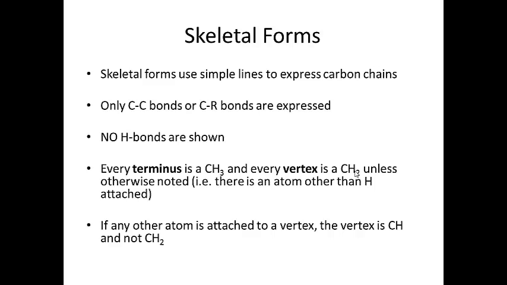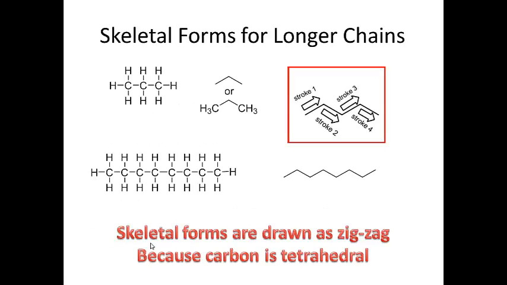And if any other atom is attached to a vertex, then that vertex becomes a CH because I have to take an H off in order to put another atom on, right? Think about it this way: if I don't remove an H and I keep it CH2 and I bring in another substituent, then that carbon has 5 bonds to it instead of 4, right?